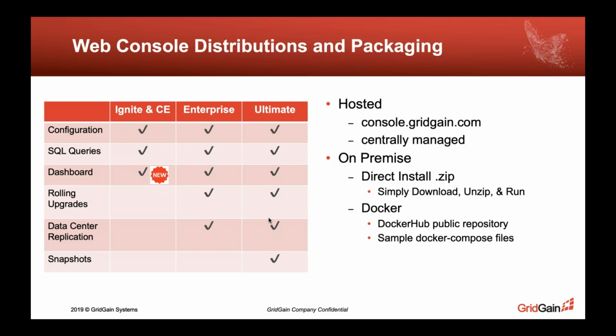We give you access to the configuration screen, so you can define new clusters. You can create a domain model from a database. We can use it to populate data from the database. We give you the query screen, what we call SQL Notebooks, which is more of a developer-centric feature. So you can define your queries and run them against your Ignite or GridGain clusters.